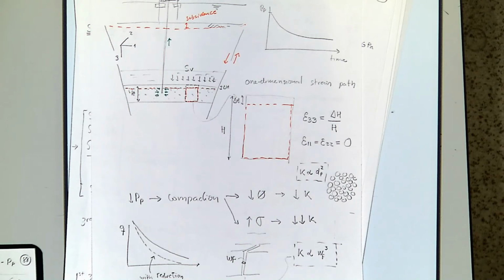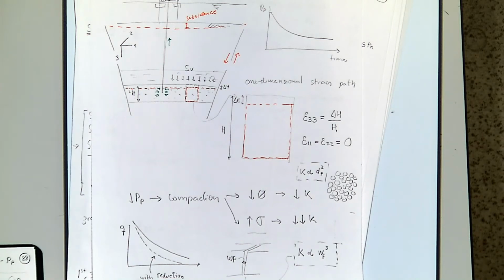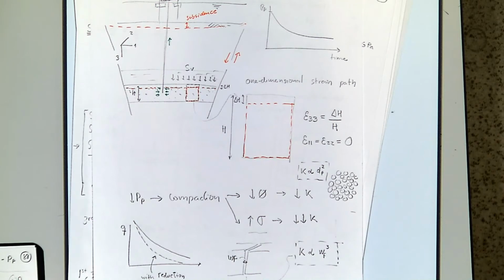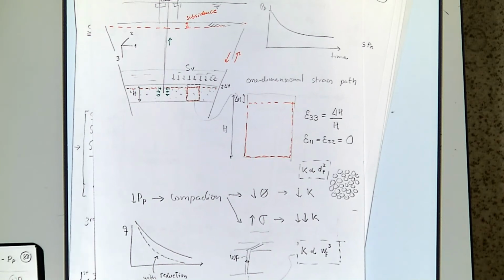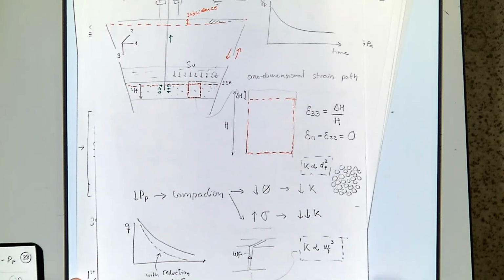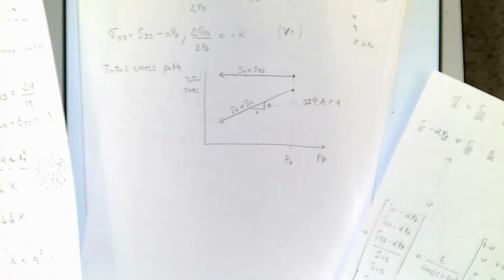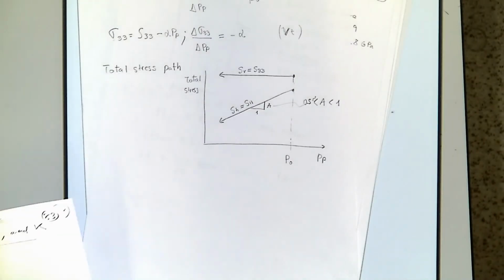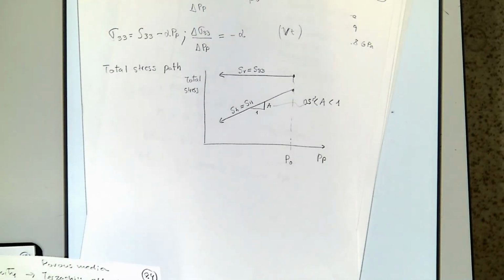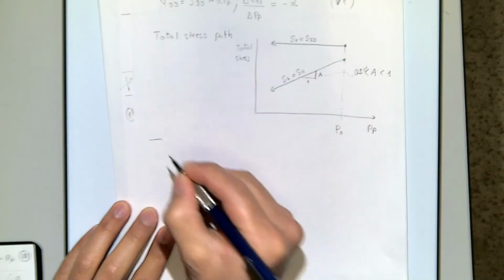And compaction drive is going to depend on what is called pore compressibility. That's the only thing that we're missing about this problem of reservoir depletion. Let me write over here.